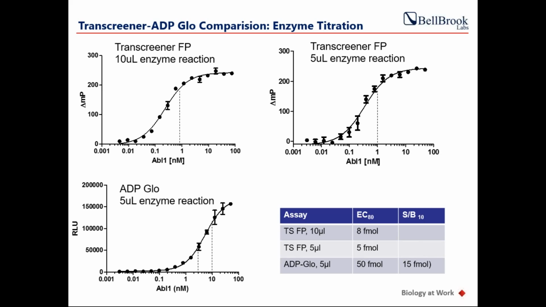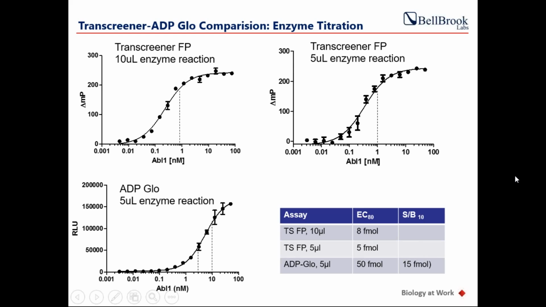With ADP Glow, they recommend a 5 microliter enzyme reaction, and then you add 5 microliters of the pre-treatment that removes the residual ATP, and then 10 microliters of their detection mix. So they're running a 5 microliter enzyme reaction. So we did this comparing our standard format as well as running a 5 microliter enzyme reaction with a Transcreener assay, and then we had 15 microliters of detection. So the end volume is the same in all of these. We just wanted to see if there was any difference.